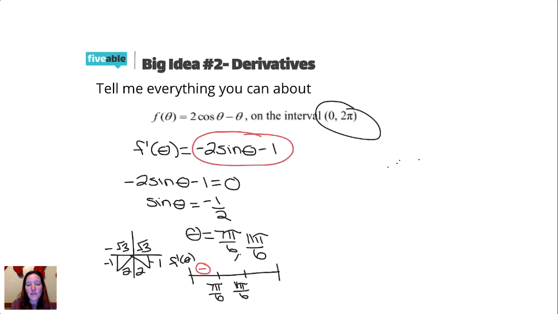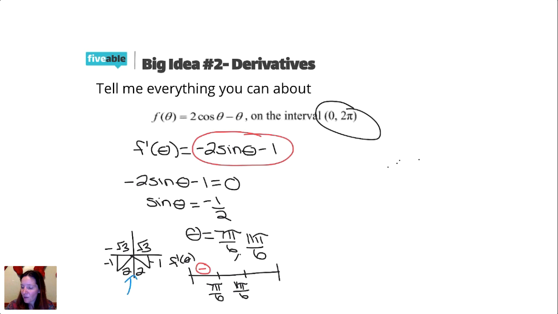Between 7 pi over 6 and 11 pi over 6, I want to know what's happening there. The easiest number to plug in would probably be 3 pi over 2. We know that's in between those two triangles, and we know that sine of 3 pi over 2 is negative 1.